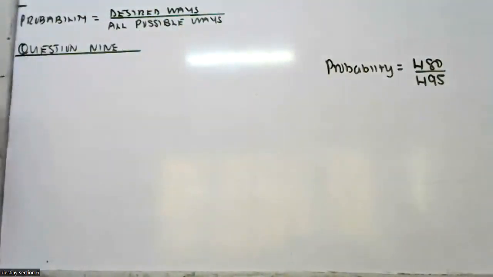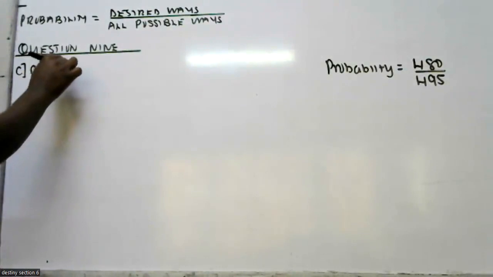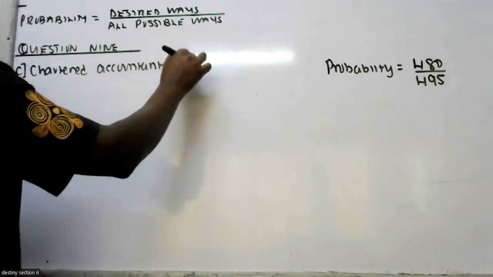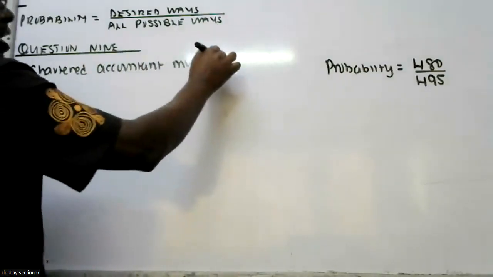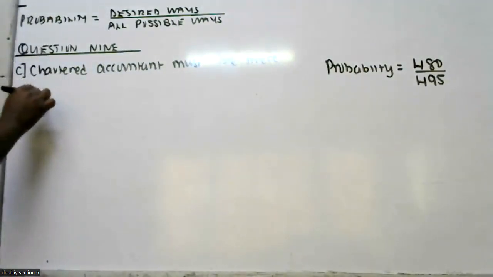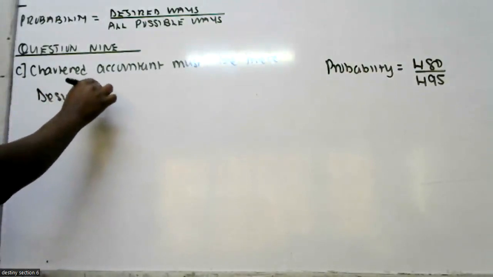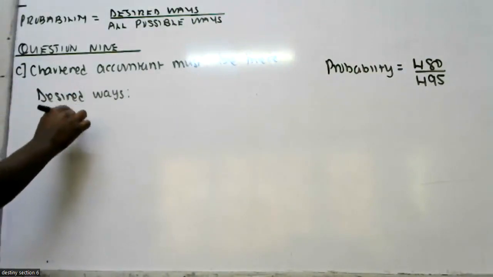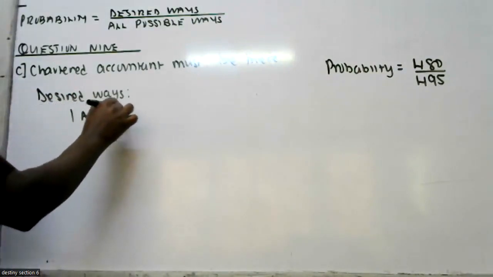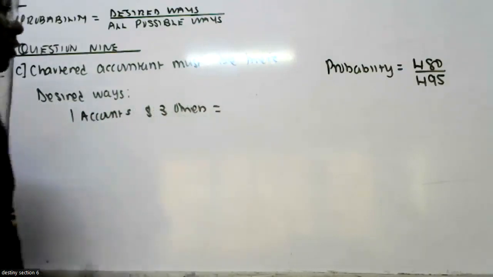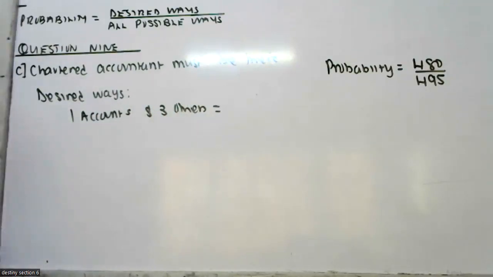So if the chartered accountant must be there, the desired ways will be 1 accountant and 3 others.